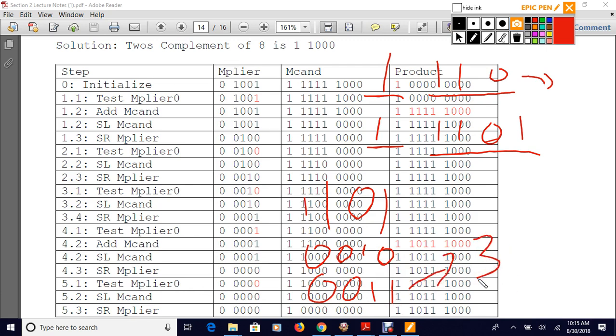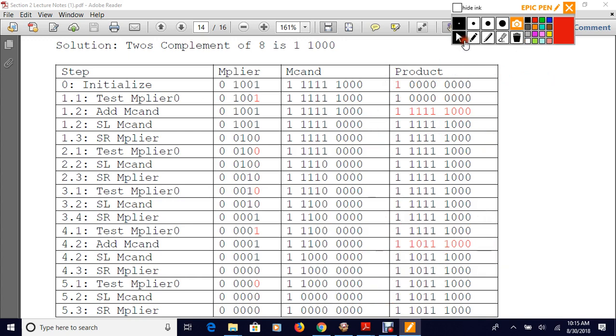So adding 1 to the end is incorrect. Whereas if it's 0, this becomes 1. You add 1, it becomes 4, and it works out. So adding a 0 to a negative number when you're shifting left is still multiplying by 2, which is ultimately what we want to do. Any other questions?